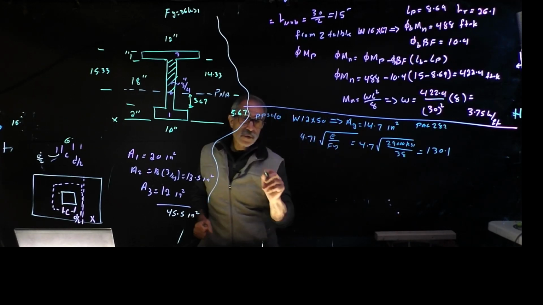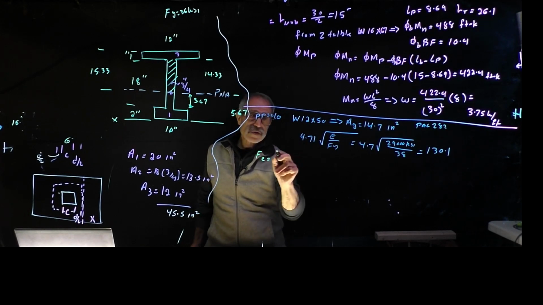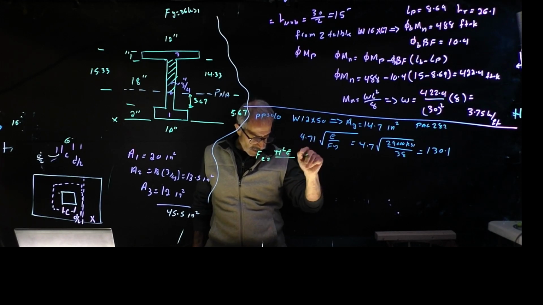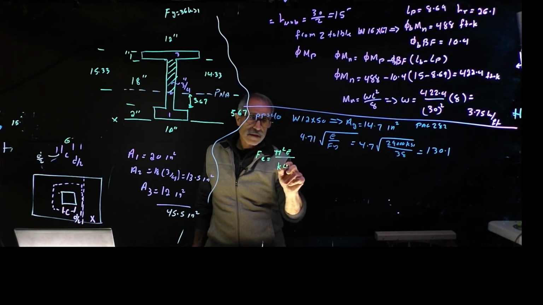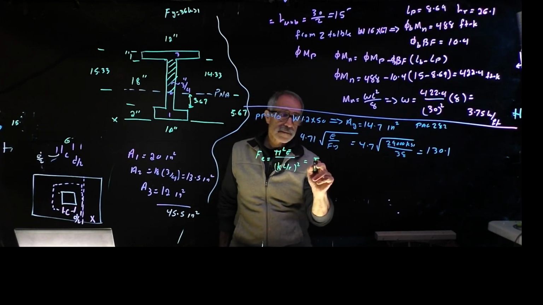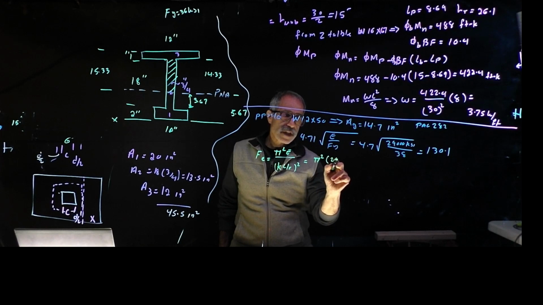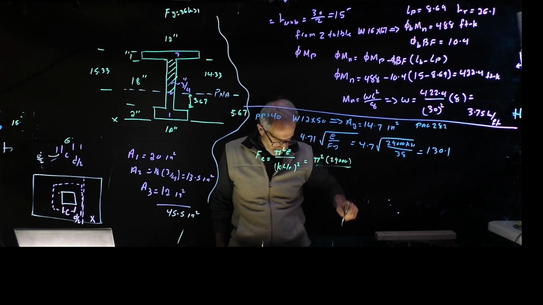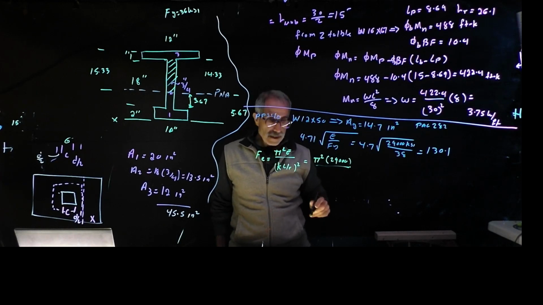In the Euler buckling equation, remember Fe is equal to pi squared E divided by (KL/r) squared. So that gives us pi squared times 29,000 ksi, divided by 90 squared.